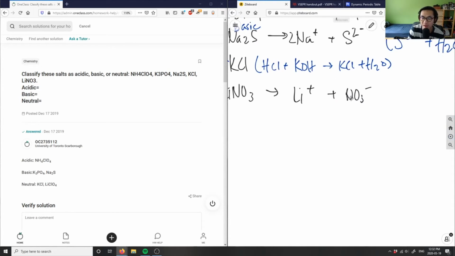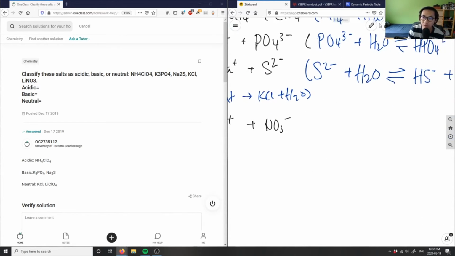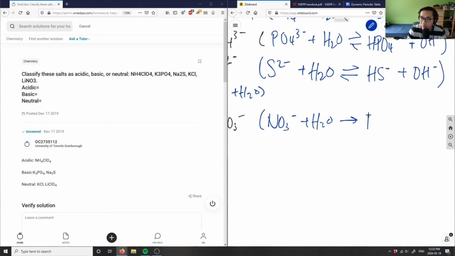And finally, LiNO3. If you look at NO3 here, this guy here is actually the conjugate base of this guy here, or let me write this out for you actually before I explain this. So I have NO3 minus plus H2O. This is actually not going to be in equilibrium. It's actually going to go fully to HNO3 and OH minus.